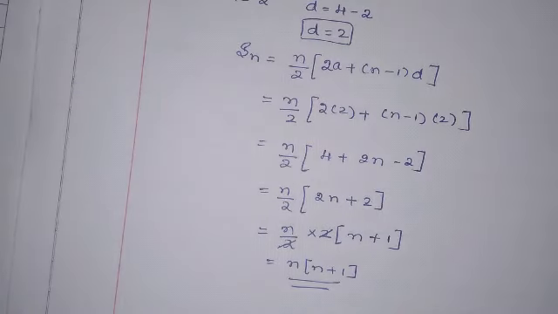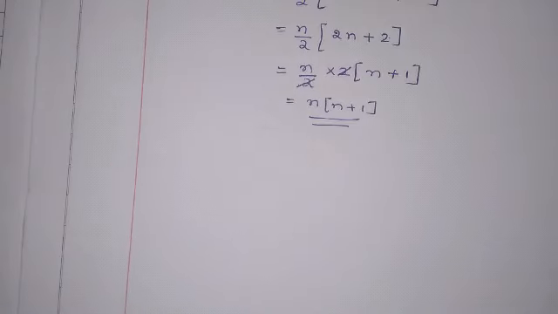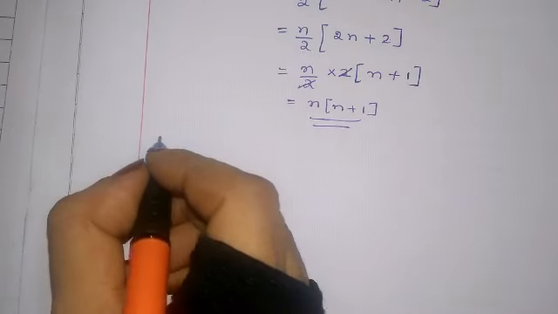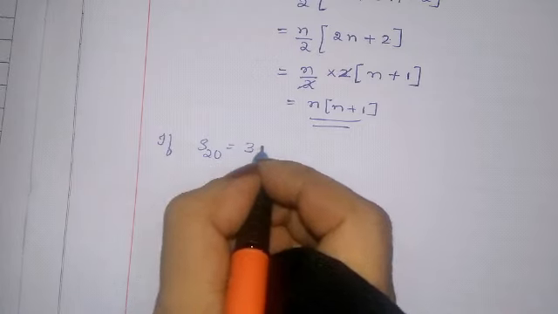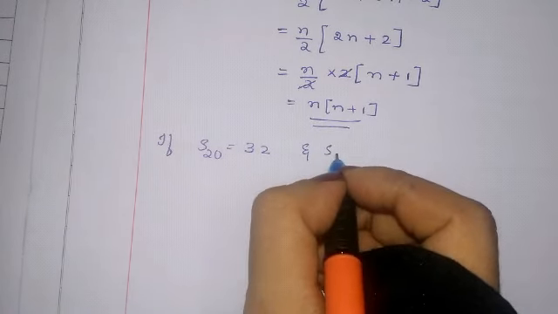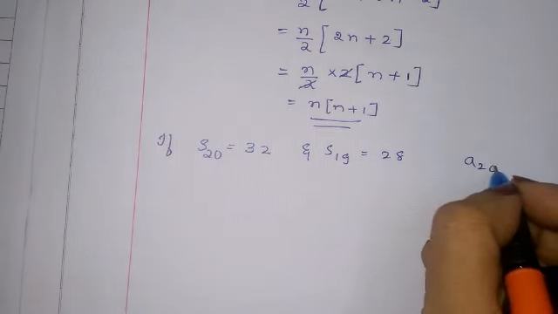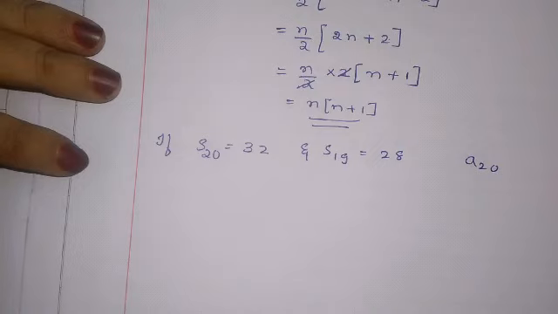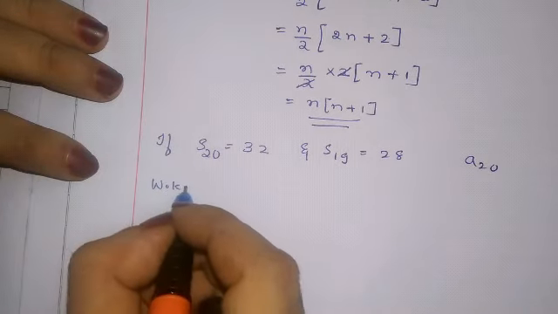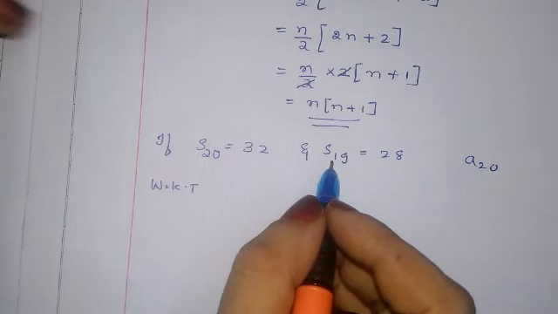Now let us see the next question. This is a little different question. In an AP, if S20 is equal to 32 and S19 is equal to 28, find the value of A20. If they ask this as a multiple choice question, then what we have to do is use a shortcut, because otherwise it is a 4 marks question if we solve it using the Sn formula.